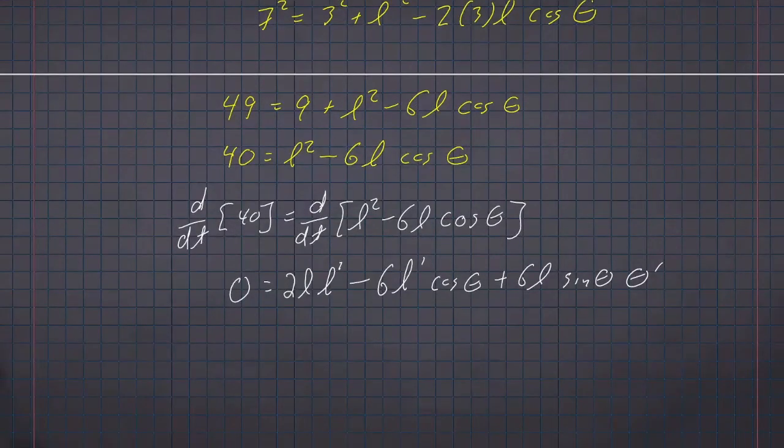Right. Rearranging this mess, right. L prime is the change in the separation between the crankshaft and the piston. That's the thing we're looking for. So let's solve for L prime.